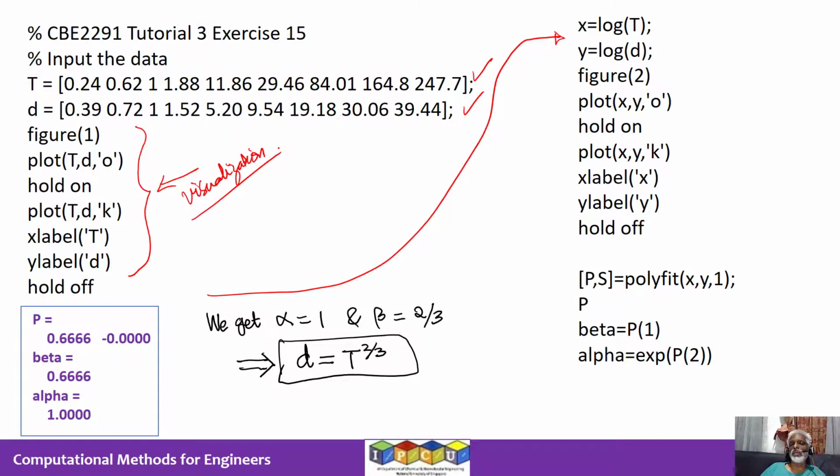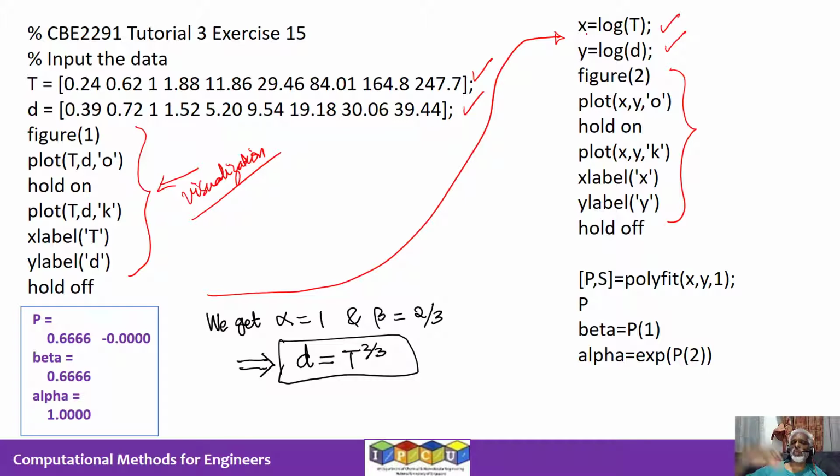Okay, so we see that. And then we do the things that we stated. X is equal to log of t, where log means natural log. Y is the natural logarithm of d. Now you again visualize the data, but as x and y, not as t and d. You will see that the transformed data, x and y, fall on a straight line kind of pattern.